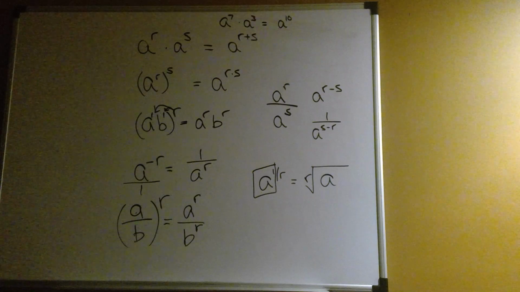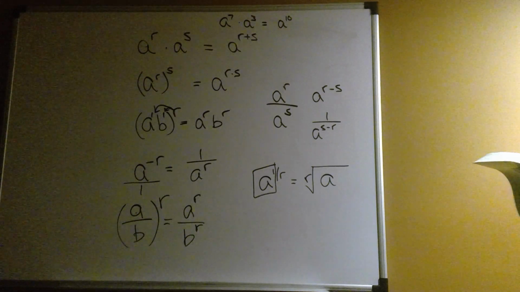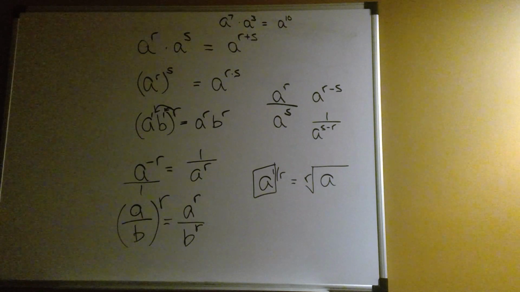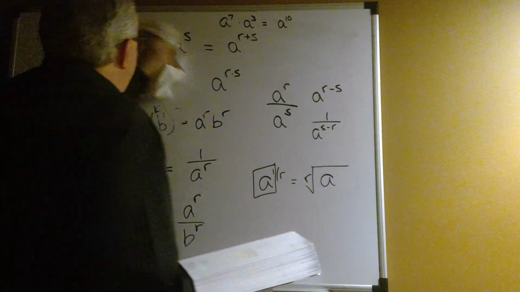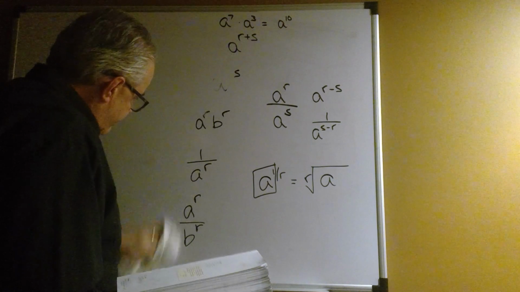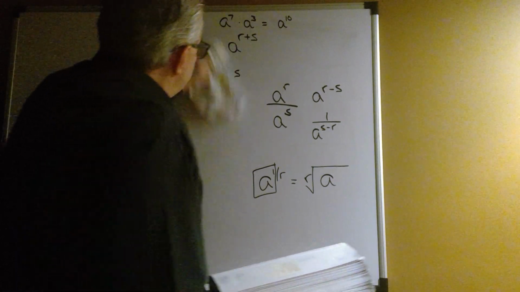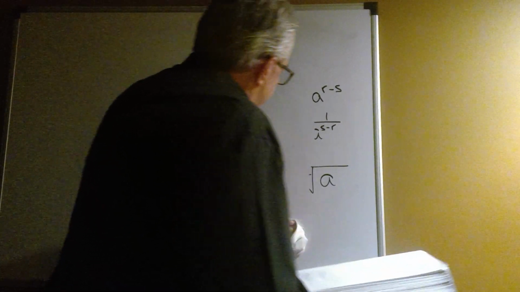Write each radical with rational exponent, then simplify. Okay, well, I think we kind of did some of these, and let's try it. All right.